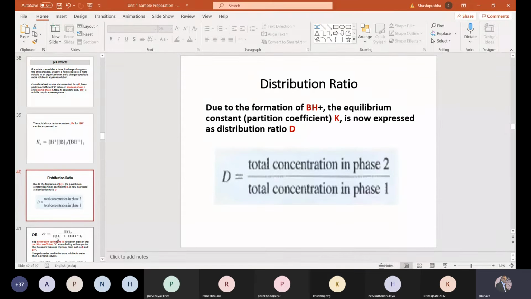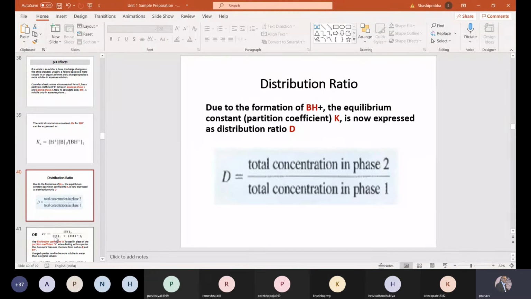Now it is distribution ratio, and distribution ratio D is given as the total concentration of that same analyte, or that base B, in phase 2 divided by the total concentration of that base in phase 1.